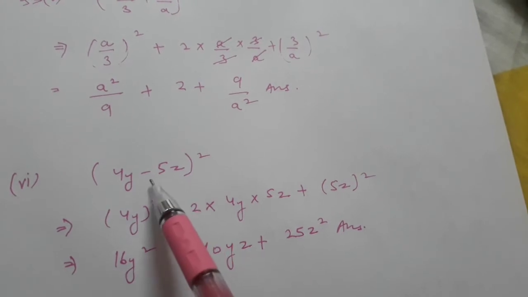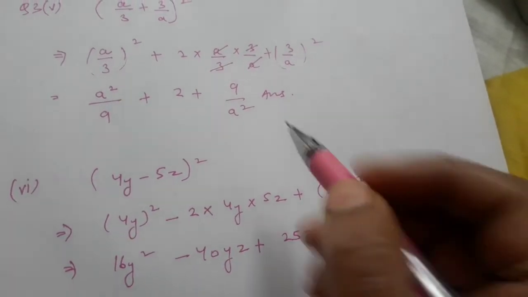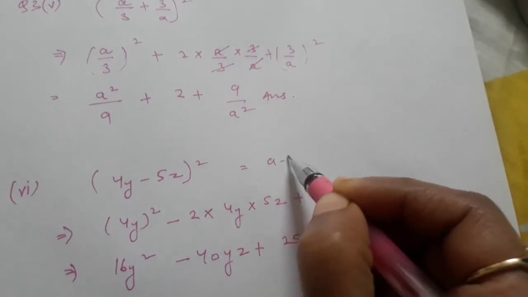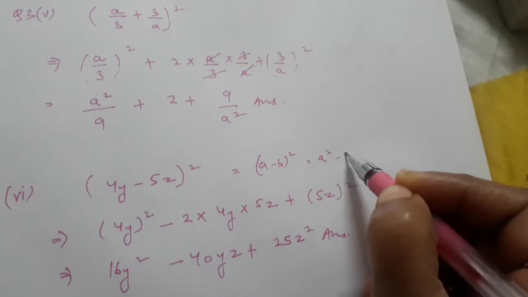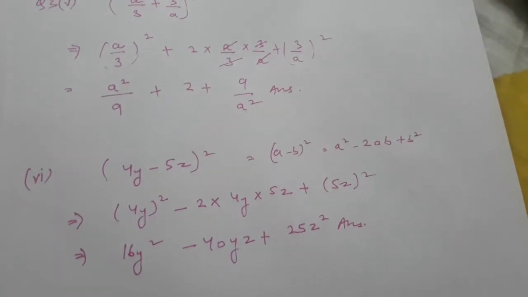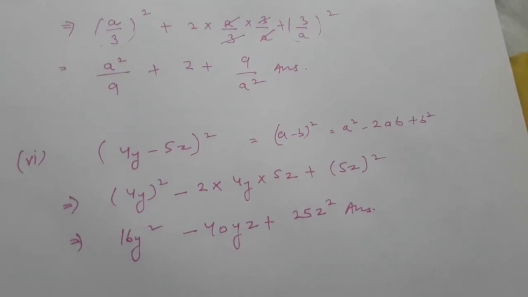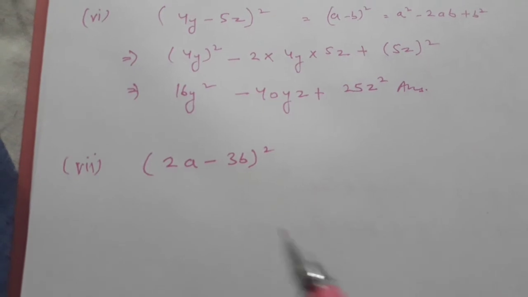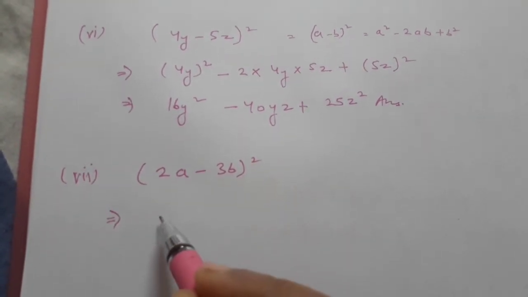Here the identity is a minus b whole square. So the formula would be a minus b whole square is equal to a square minus 2ab plus b square. So let's move to the seventh part of question number 3. The seventh part is 2a minus 3b whole square.